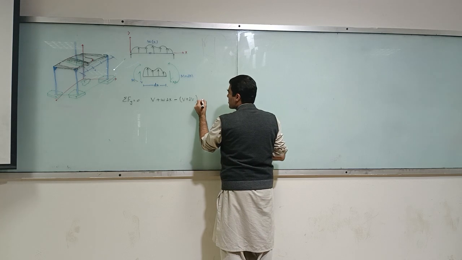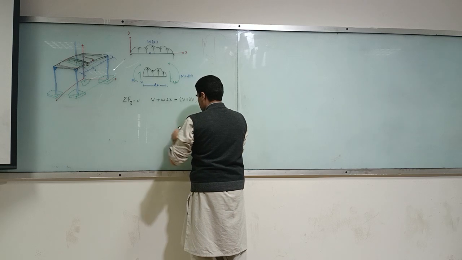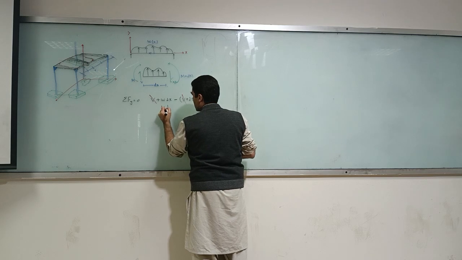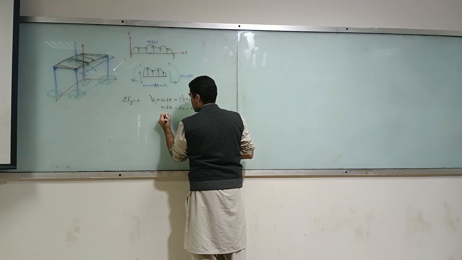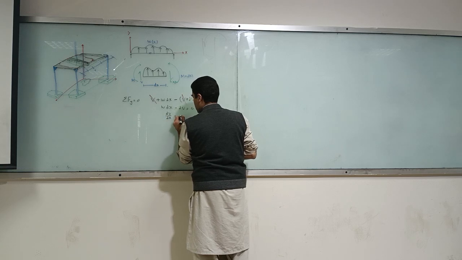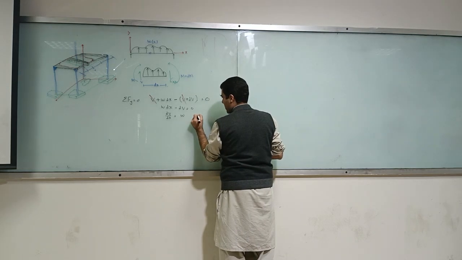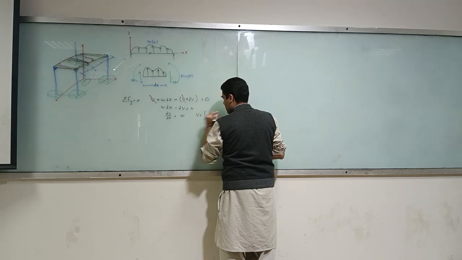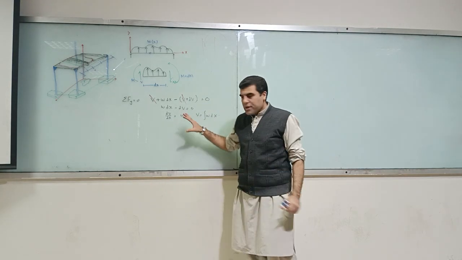Okay, so now that would be equal to 0. So we can cancel out our V's, and that's what we get.